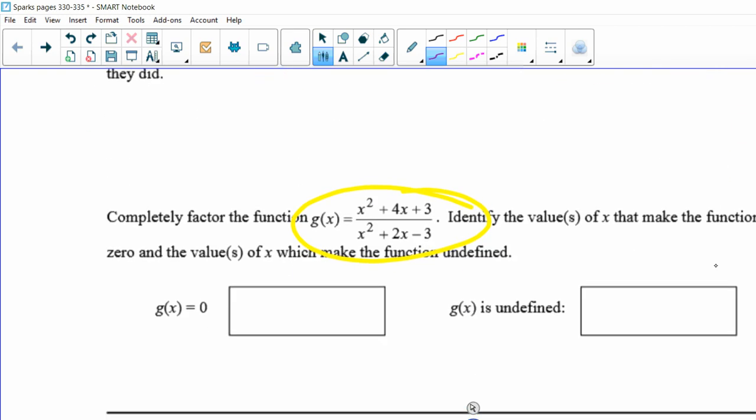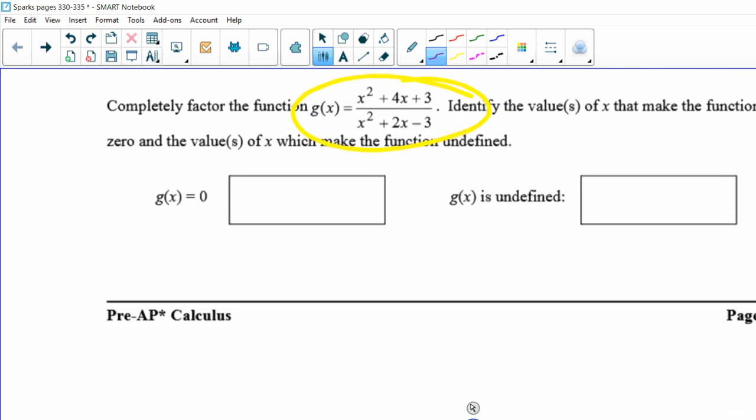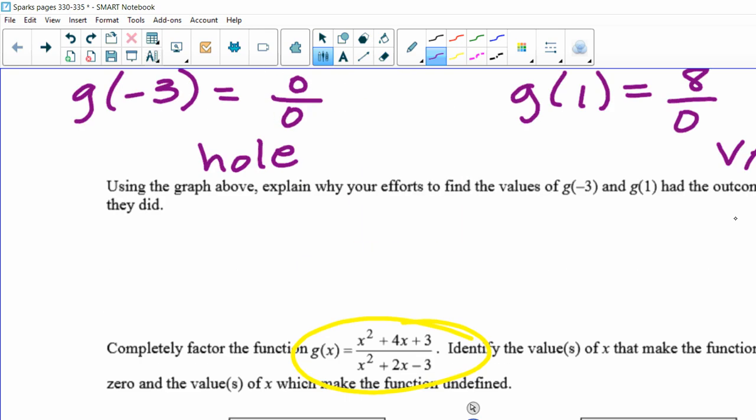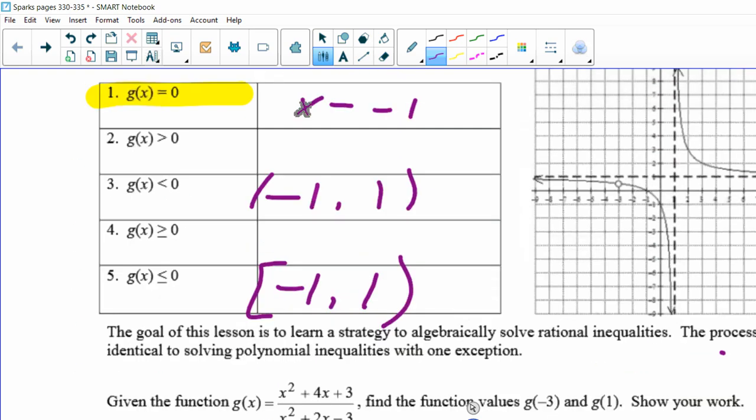Now let's go down to this one I circled earlier. Identify the values of x that make the function equal to 0 and the values of x which make the function undefined. What values of x made this equal 0?